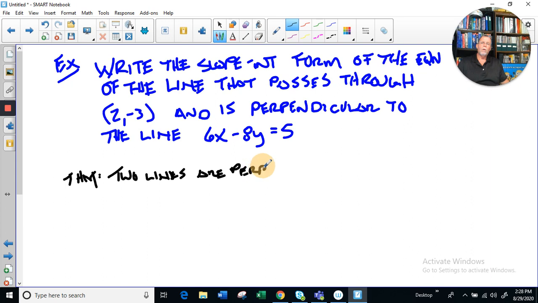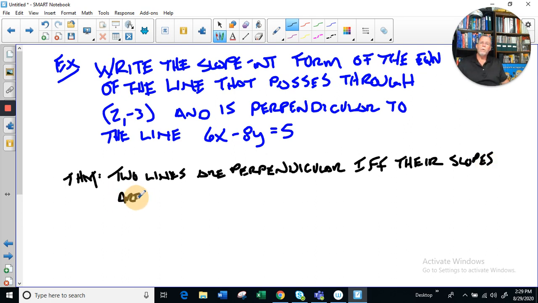Two lines are perpendicular if and only if their slopes are negative reciprocals. So, I think we have to talk about the negative reciprocal. All right, if they are negative reciprocals.